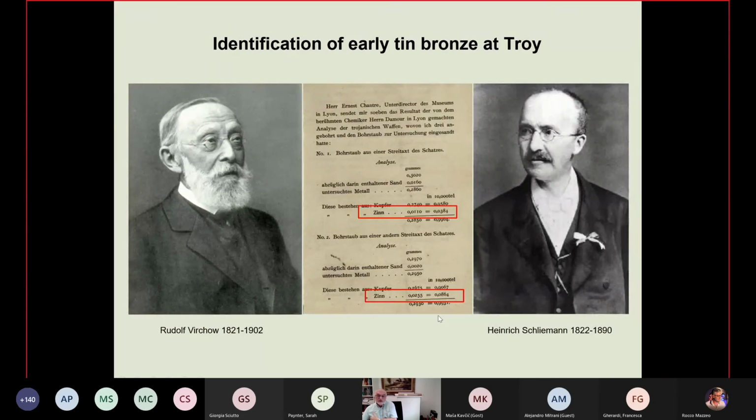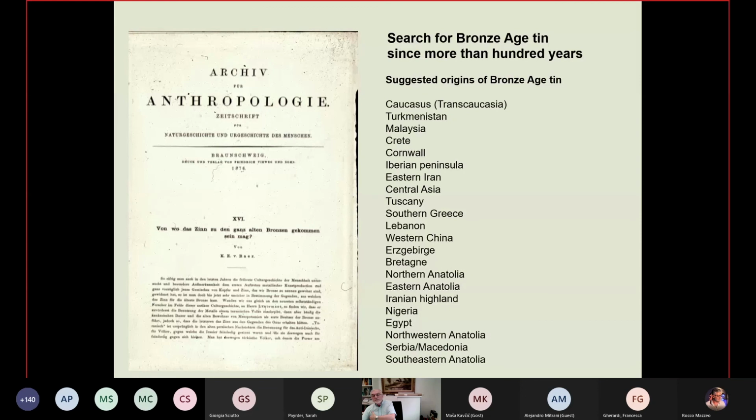And you see, it says that the early Bronze Age material from Troy, that is 3rd millennium BC, does contain tin. So that in those days was the earliest occurrence of tin bronze that we know of.